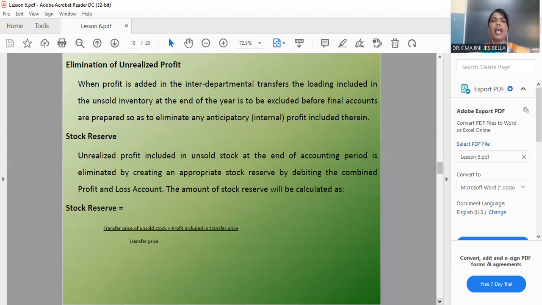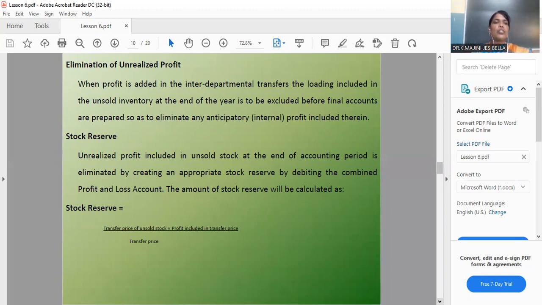When profit is added in the interdepartmental transfers, the loading included in the unsold inventory at the end of the year is to be excluded before final accounts are prepared, so as to eliminate any anticipatory profit included therein.